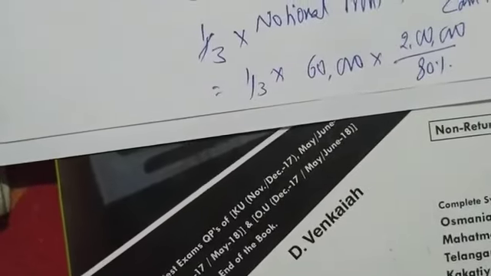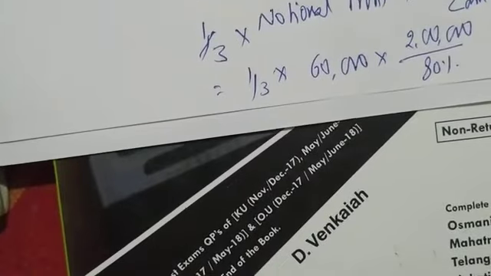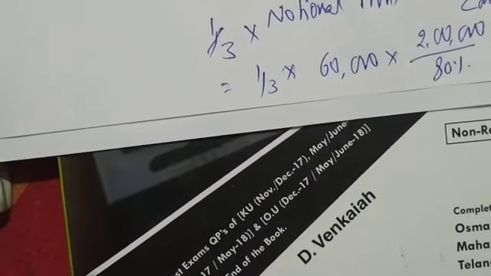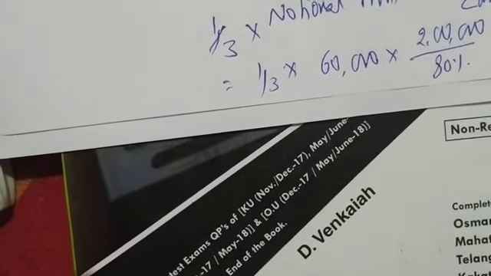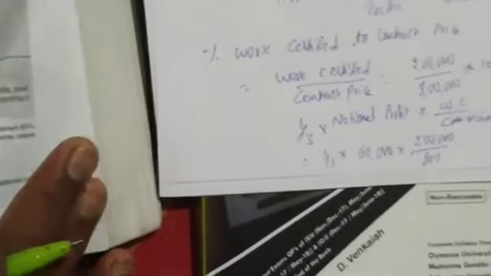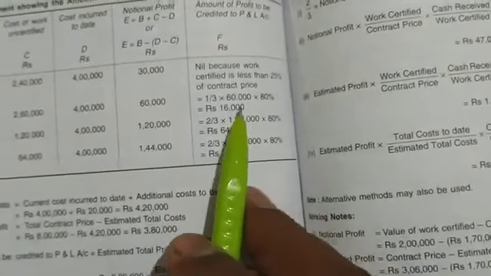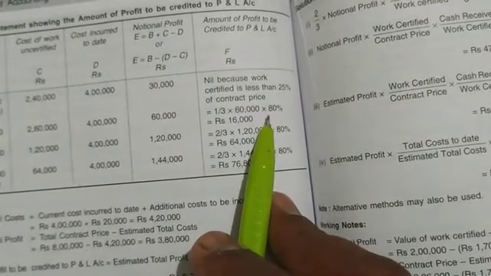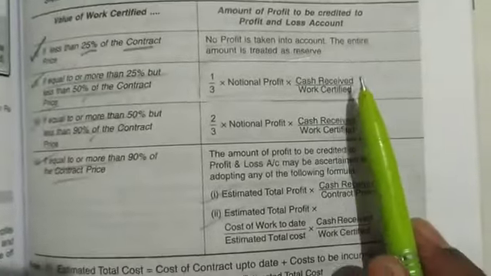So 2 lakh divided by 80%. Wait, we are directly taking cash received as 80%. Work certified by cash received, right? The formula is cash received by work certified. Sorry, cash received by work certified. I have made a mistake here. So let me write this here on the other page.